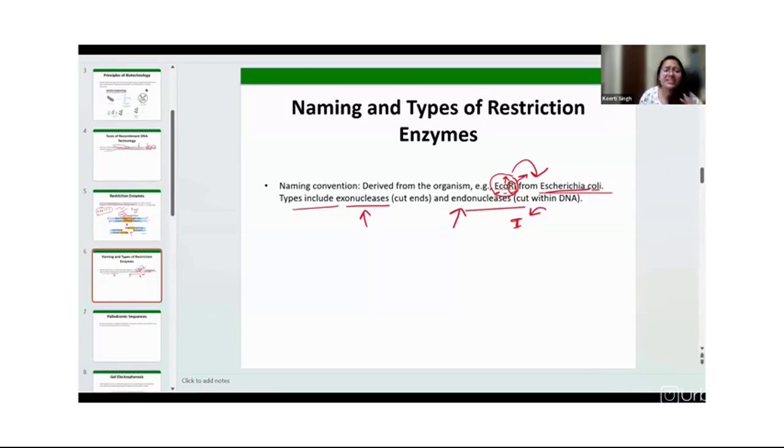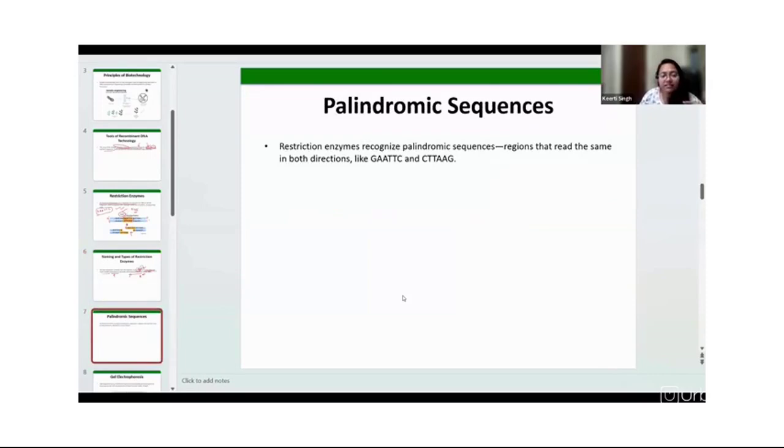This will be used in genetic engineering. So what kind of sequence is this restriction endonuclease going to recognize? The sequence may be of different types.